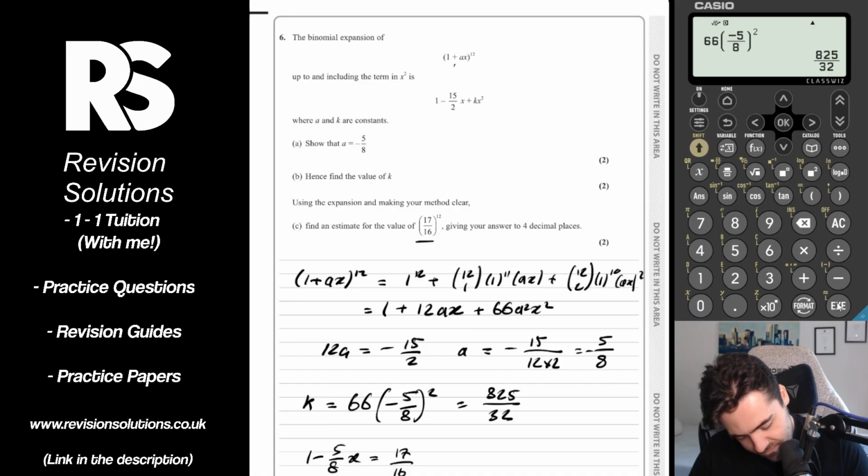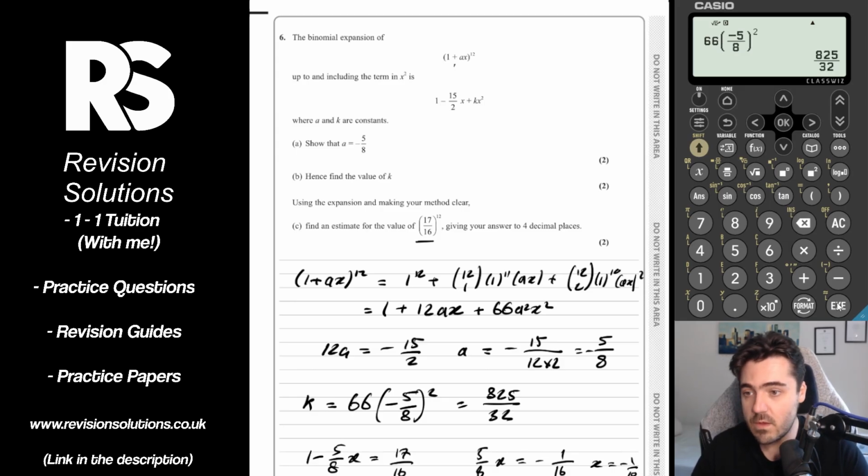So then we'd have 5 over 8x would equal minus 1 over 16. And then timesing by 8, that would be minus a half, divided by 5, that would be minus a tenth. So we want x to equal minus a tenth.